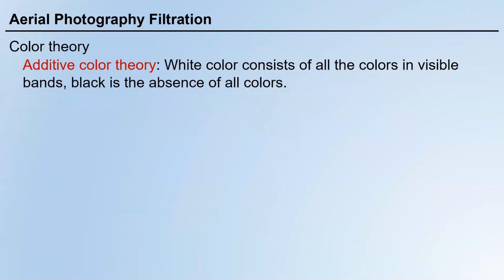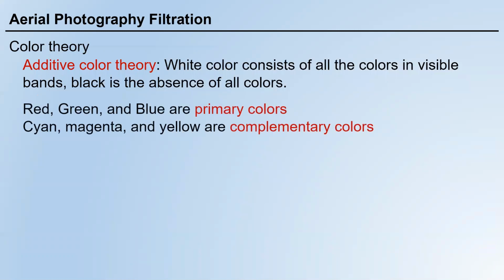That's us, right? So there are two color theories. The first one is called additive color theory. When you are following this theory, you assume that white color consists of all the colors in visible bands, and black is the absence of all colors. This is actually what Newton found, right? White light is the combination of all light with different colors.